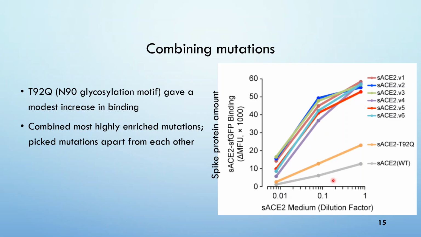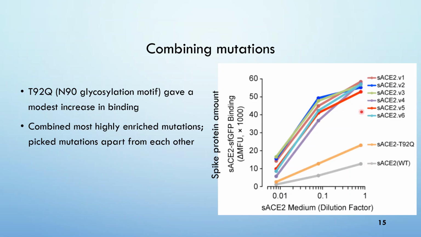Then with some mutants identified, they now want to test combinations of mutations. On cells with the spike protein already bound, they tested different concentrations of soluble ACE2. The T92Q mutation here is one of the mutants without the glycan group, and it shows a significant increase in binding as expected.